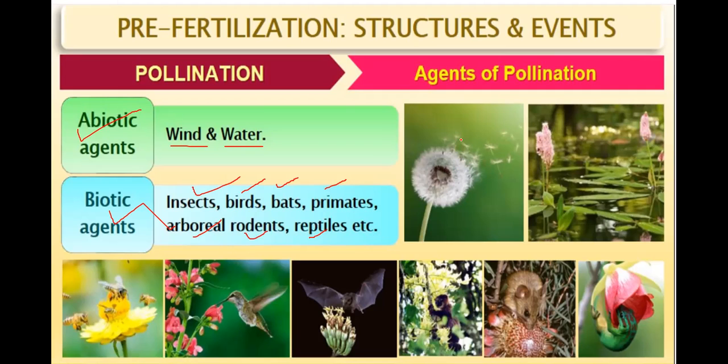Here it is pollinated by wind. Here these plants are pollinated by water. And there are some plants which are pollinated by honeybees, insects, birds, bats, primates, rats, and reptiles as well.